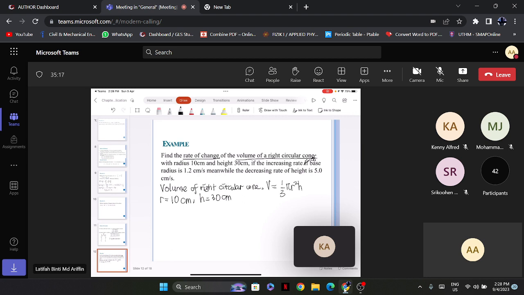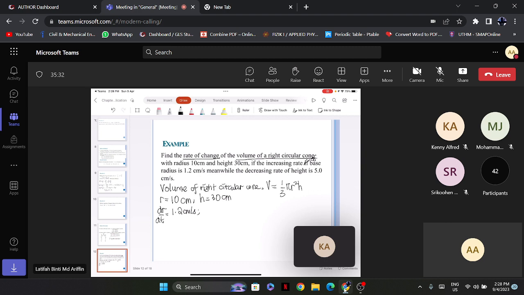Also given from the question, the increasing rate of base radius, which means dr/dt equals 1.2 cm per second.